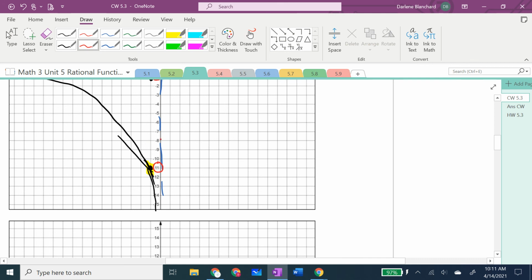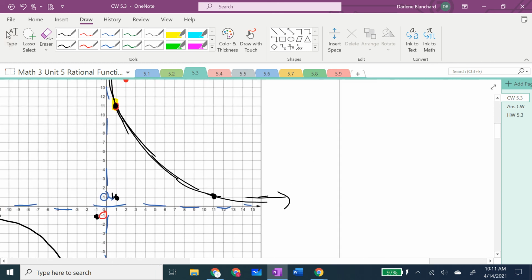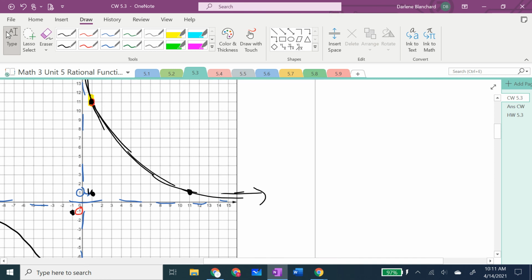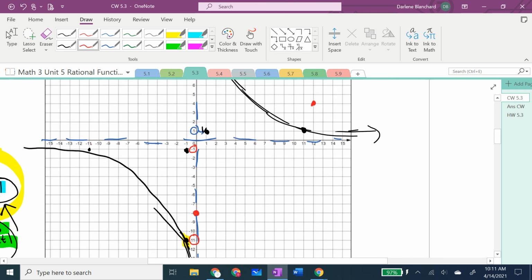Up 3, right 1. And if you really like to keep your accuracy really pretty, shall we say, take this other symmetric point and do the same thing of up 3, right 1.